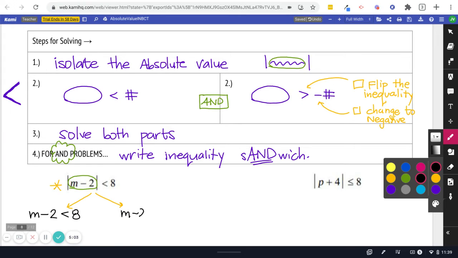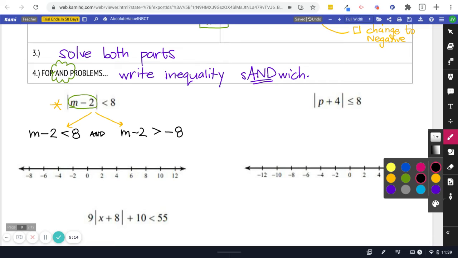The other side will flip the inequality and make it negative, right? And then we'll put the word "and" in between to join those ideas. That means that m is less than 10 and m is greater than negative 6.